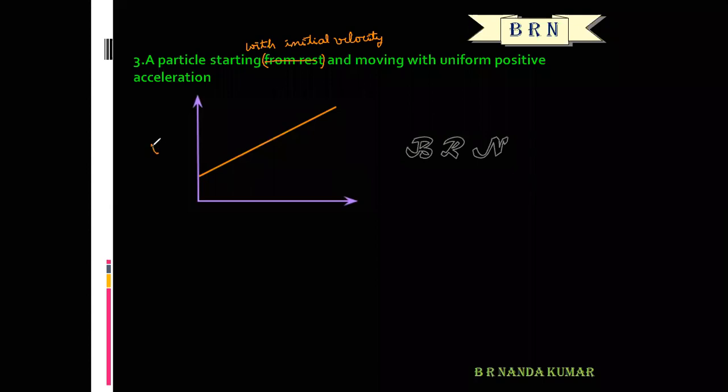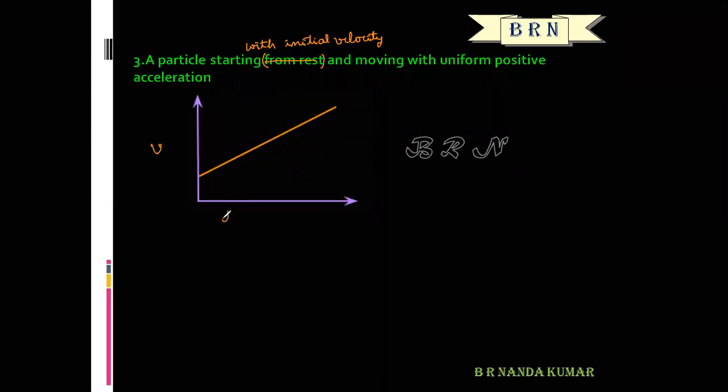So this is again a v-t graph, drawn by taking velocity along the y-axis, measured in meter per second, and time along the x-axis, measured in seconds. This graph clearly shows a particle starting with some initial velocity.